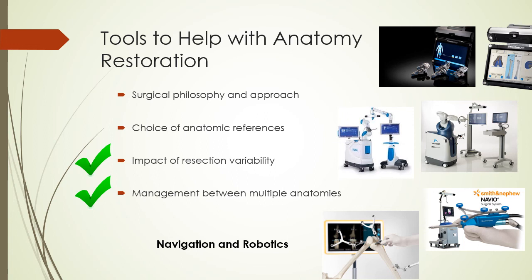For sure, our surgeons have their own preference for surgical philosophy and approach. They have their preference of choice of anatomic references, but we can use advanced surgical technology, advanced tools to help them minimize error in terms of resection variability and help them manage between multiple anatomies. So that's the benefit of navigation and robotics.